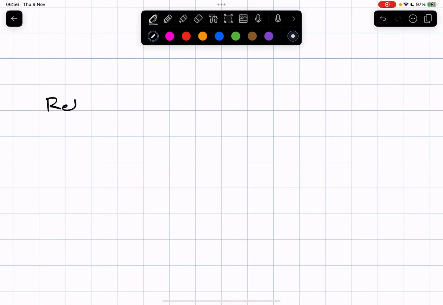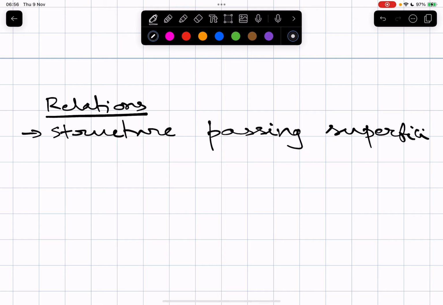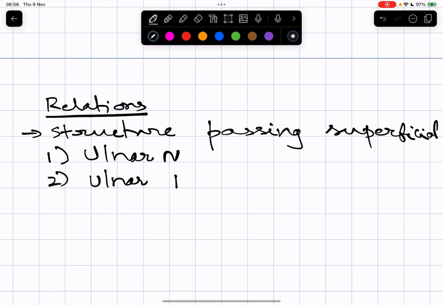When we talk about the relations of the flexor retinaculum, we discuss the structures passing superficial to flexor retinaculum. These structures include the ulnar nerve, and we have the ulnar artery.